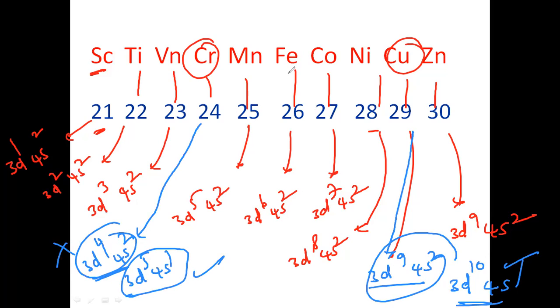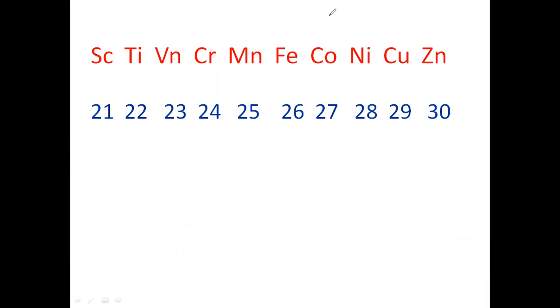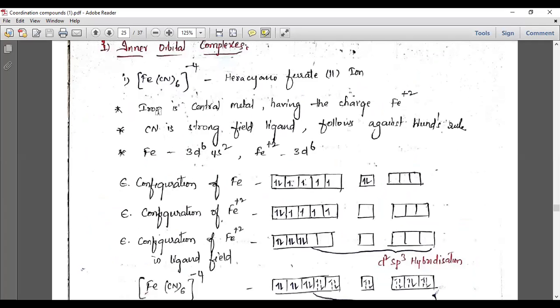So here we are having the complex which is iron. Iron, which is 26, that is 3d6 4s2. Just now I told you how to write the electronic configuration of iron.